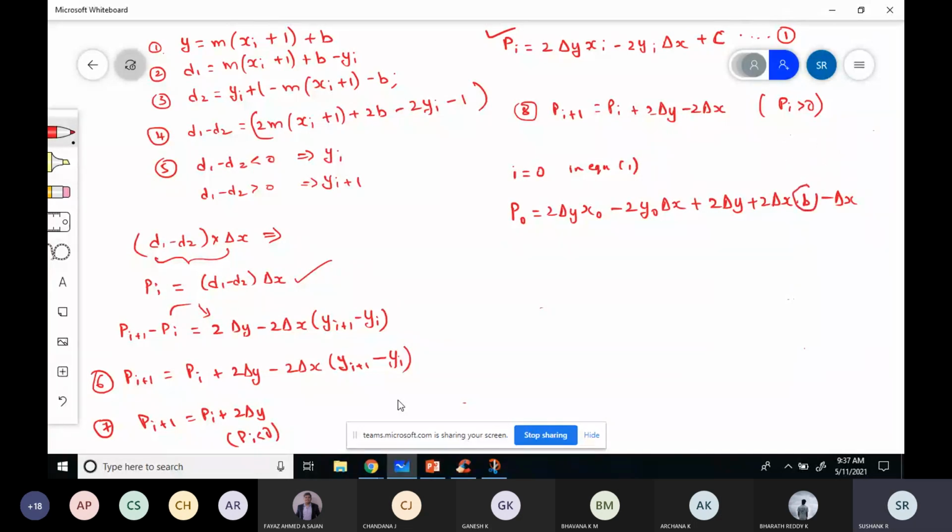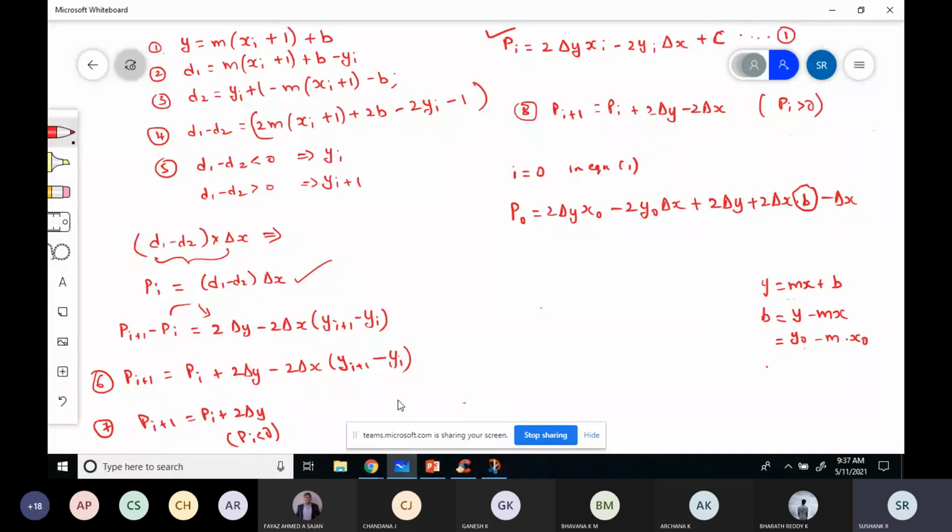Here I'll replace this b with its value. We know that y is equal to mx plus b. So we can get the value of b as y minus mx, and this y we are calculating at x naught, y naught. So it will become y naught minus m into x naught.